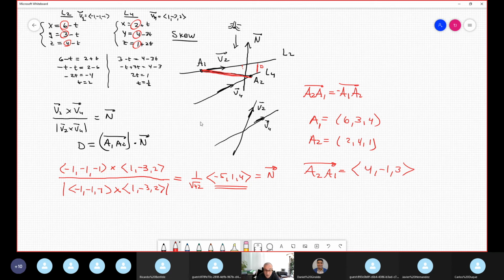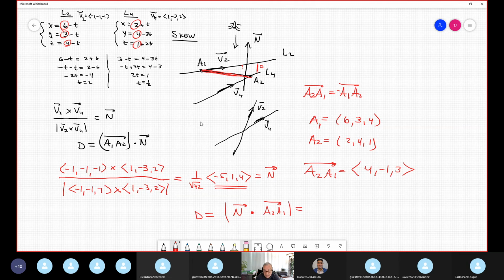And now finally we perform a dot product with the M vector. So the formula is the capital D, the shortest distance between the skew lines, is the absolute value of the M vector dot product the A2A1 vector.